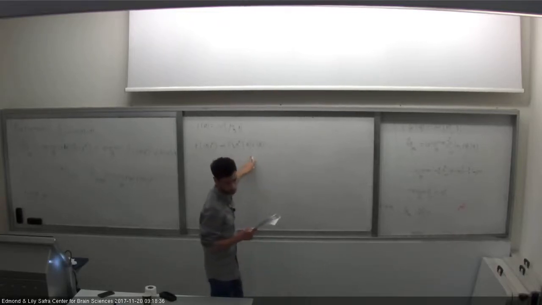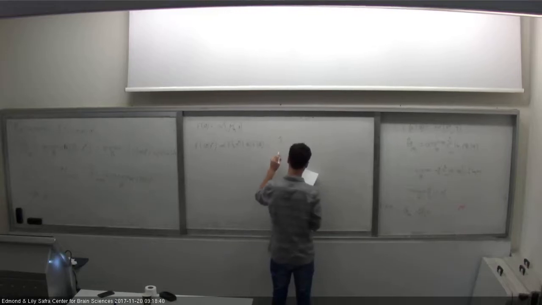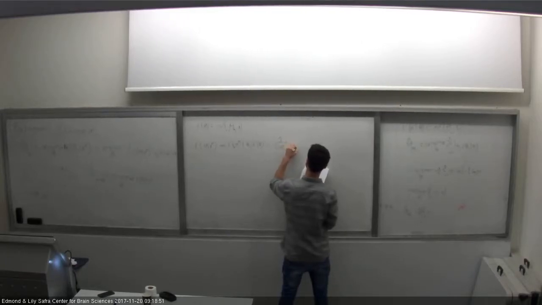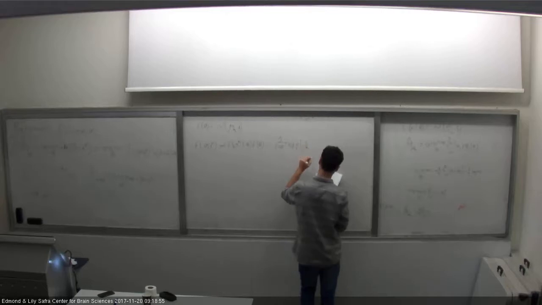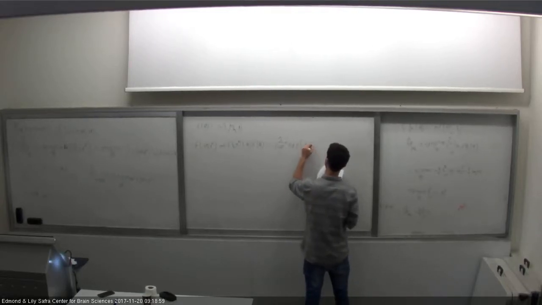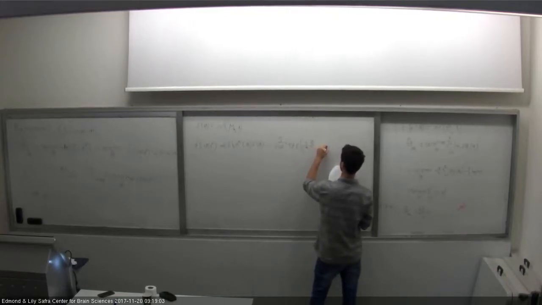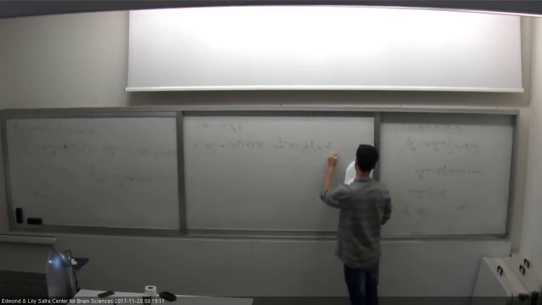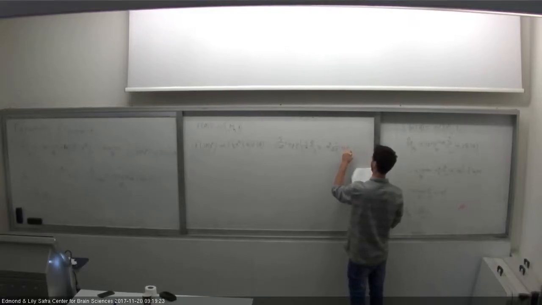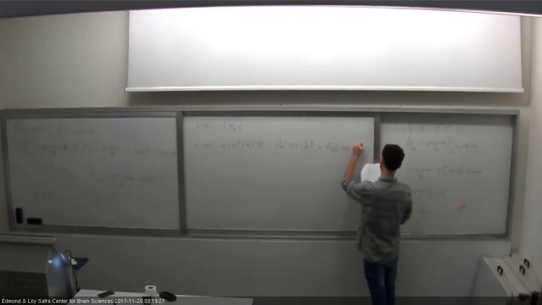Because both of them are Gaussian, this is equal to 1 over square root of 2 pi to the power of n, times the exponent of minus half the sum over i from 1 to n of (xi minus theta) squared, times 1 over square root of 2 pi, times the exponent of minus (theta minus mu 0) squared divided by 2.